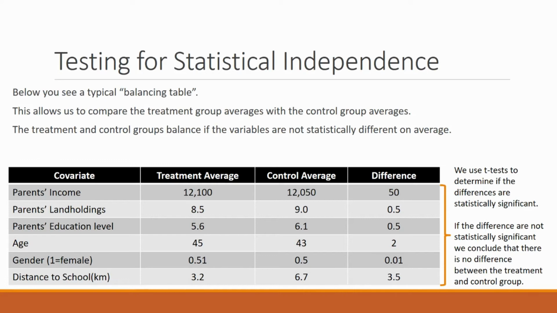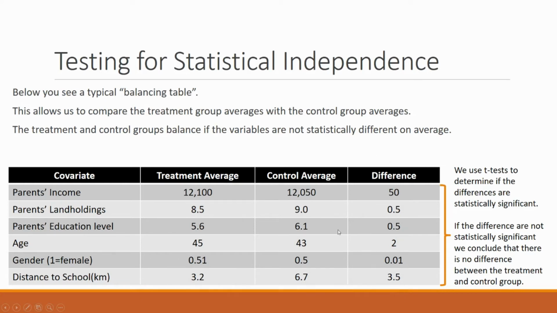Okay, so then we want to see, are there statistically significant differences between the treatment group and the control group on average? And so we use the t-test to look for statistically significant differences.